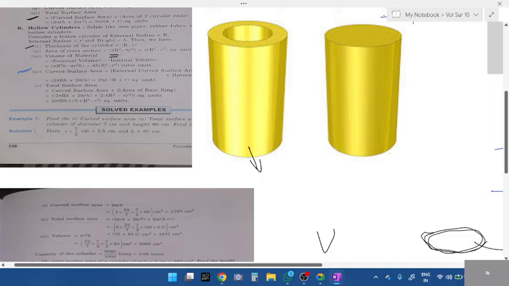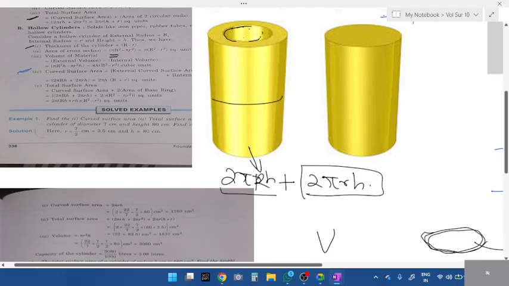First thing, curved surface area plus 2 areas at the base ring. For curved surface area, this part, the outer part, 2 pi capital R h plus 2 pi small r h. You can touch the outside, even the inside ring. If you just put your finger inside this, you can feel this. You can touch this inside part for that smaller one. So outside you can touch, even the inside one you can feel.